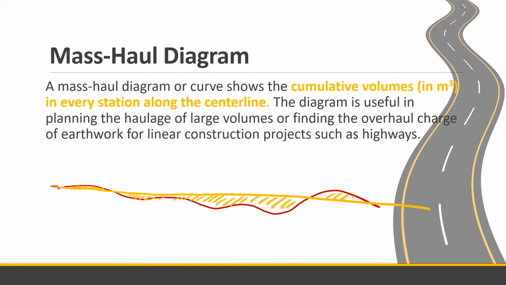So the mass haul diagram shows that in every station, say 0, pinapakita niya yung volume in every station. Kung ano yung volume ng soil na to, dito na part, and also in other stations.